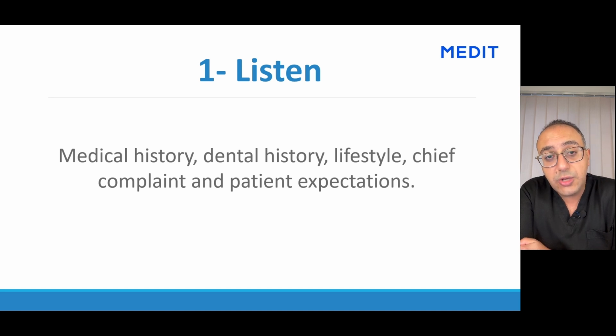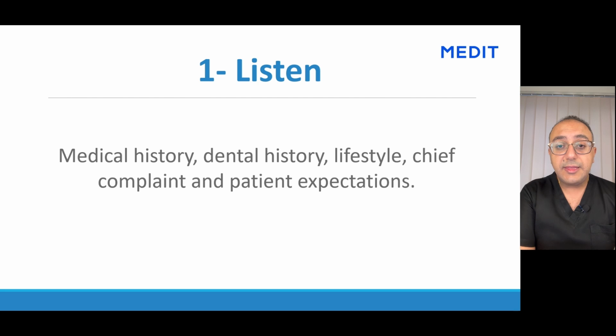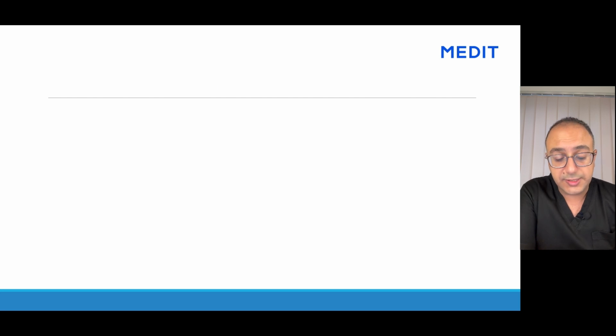That was what she was expecting. And she had severe problems in her jaw bones and in her soft tissue. So you have to listen to the patient and think about what you are going to give him, and whether his or her expectations are achievable or not. And you have to talk a lot about this.